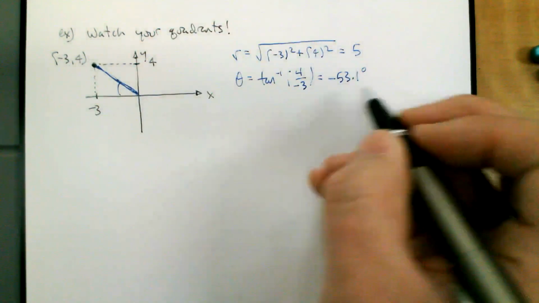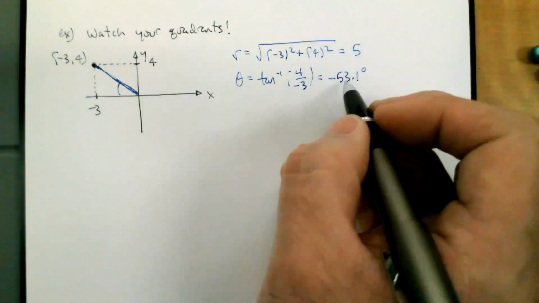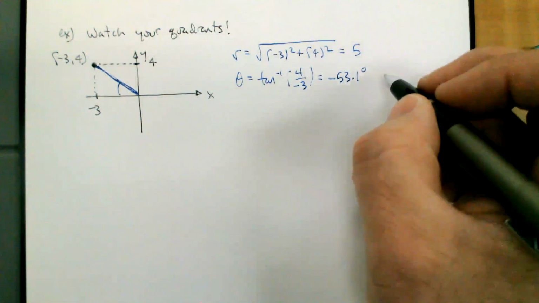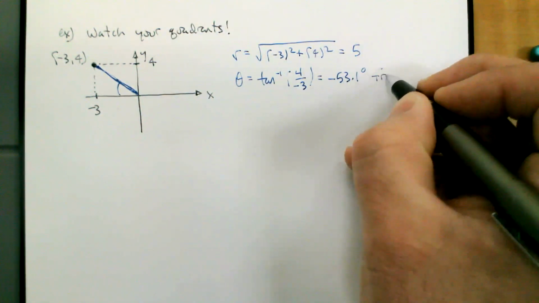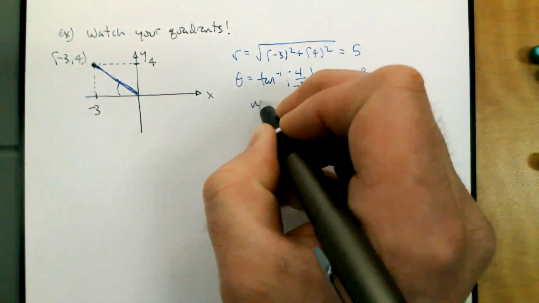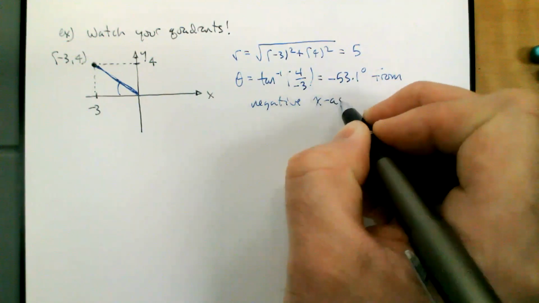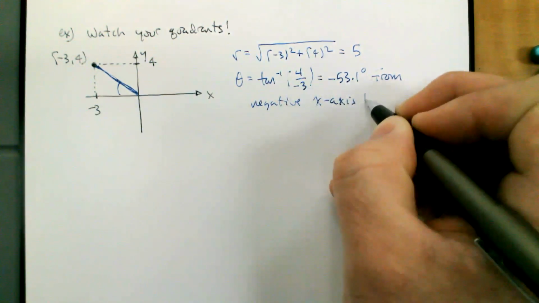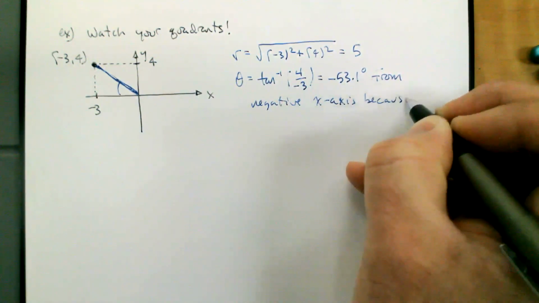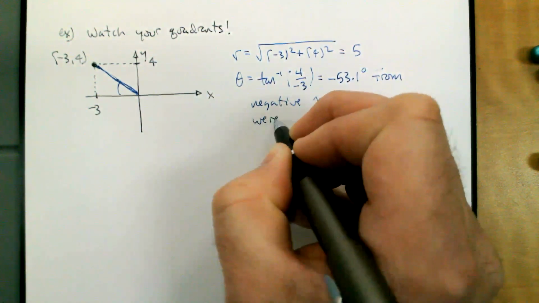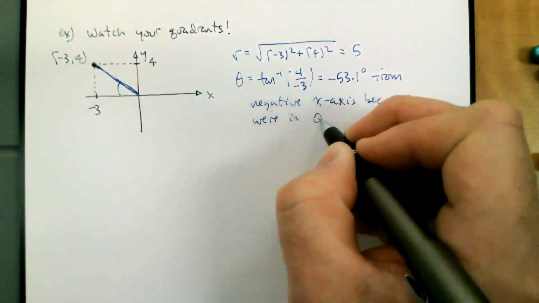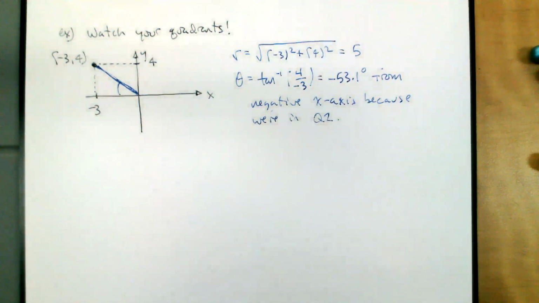Angles like this are always measured from the x-axis. This one is just measured from the negative x-axis, because we're in quadrant 2.